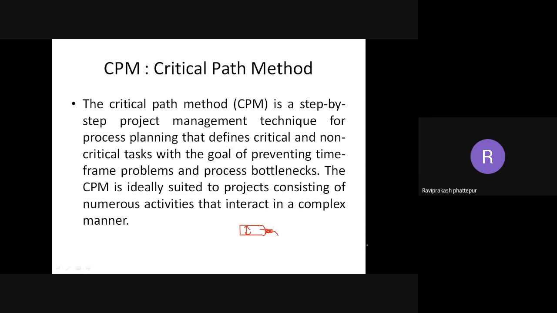So this is the critical path method. It's a step by step project management technique for process planning that defines critical and non-critical tasks with the goal of preventing time frame problems and process bottlenecks. The CPM is ideally suited for projects with numerous activities which interact in a complex manner.